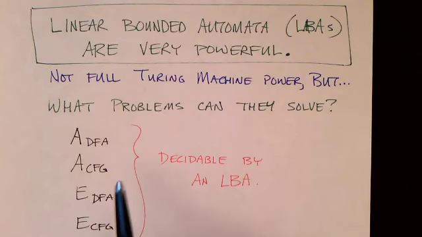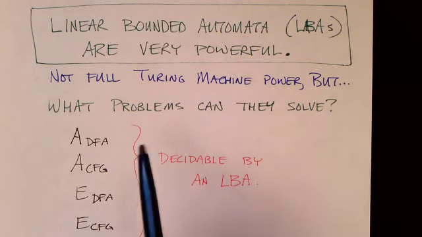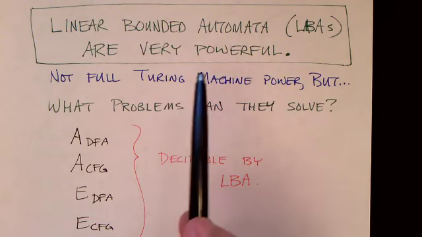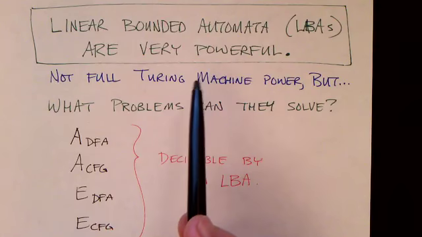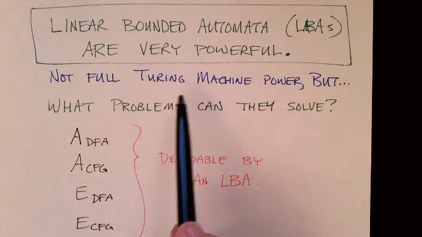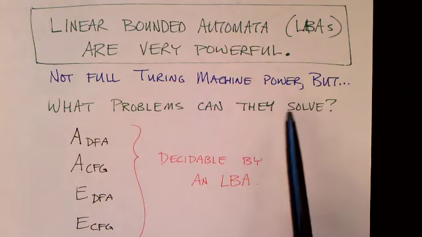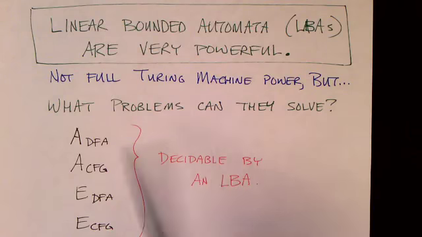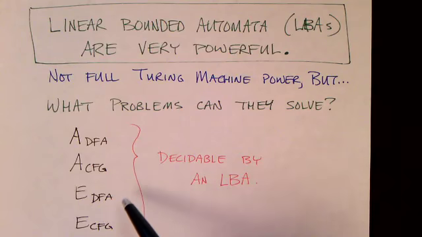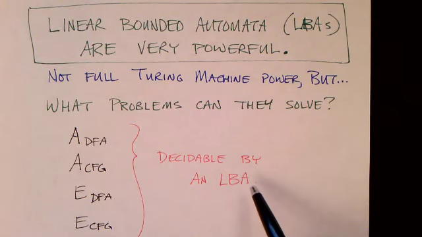Well, before we leave the subject of linear bounded automata, I just want to mention again that they are very powerful, almost as powerful as Turing machines. They don't have the full power of Turing machines, but they have a lot of power and they're close. And I'm just going to present these problems. These are decidable not only by a Turing machine, but they're also decidable by a linear bounded automaton.